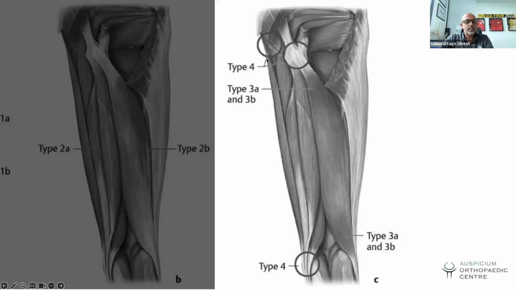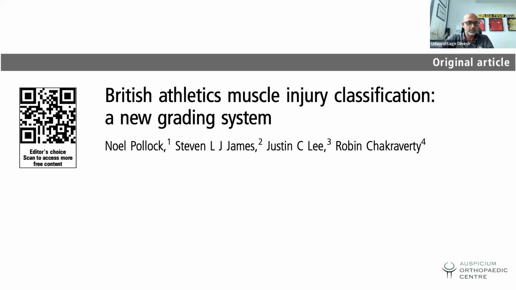So they tried to be a lot more comprehensive in what they included, but I also feel that they didn't really revert away too much from the classic 1, 2, 3, but they incorporated other things that are relevant, but not necessarily muscle injuries in the sense that we may see in clinical practice.